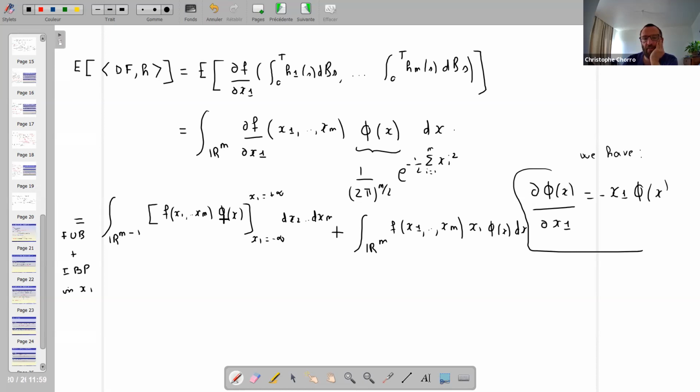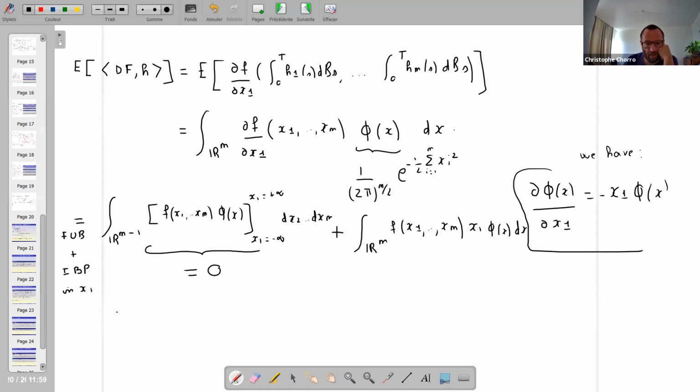So if I compute the limit in the variable x1 going to plus infinity, the other variables being fixed, this one goes to 0. The same holds when x1 goes to minus infinity because I have a square here. So this term is equal to 0.